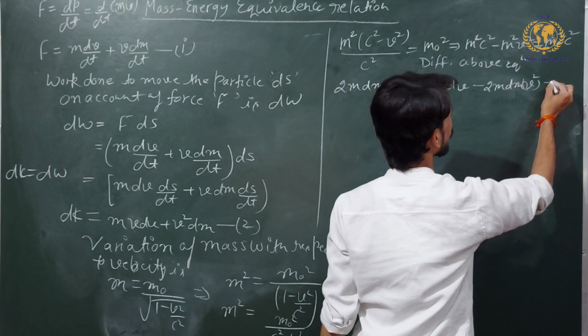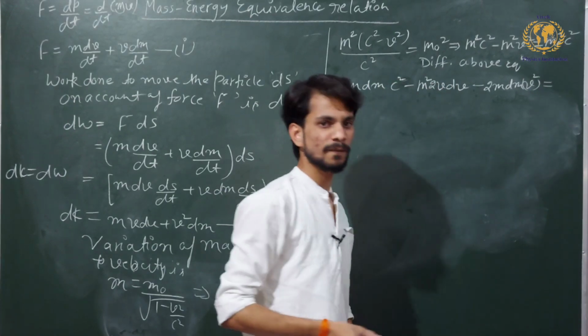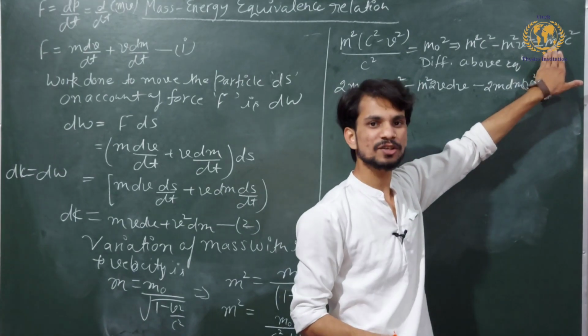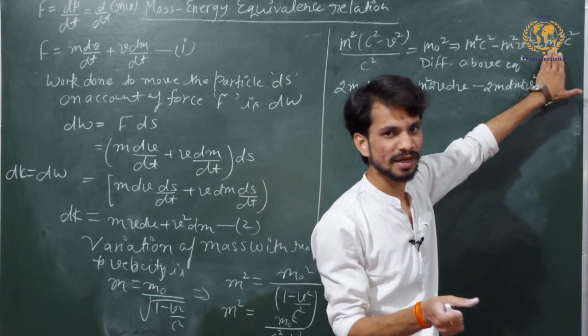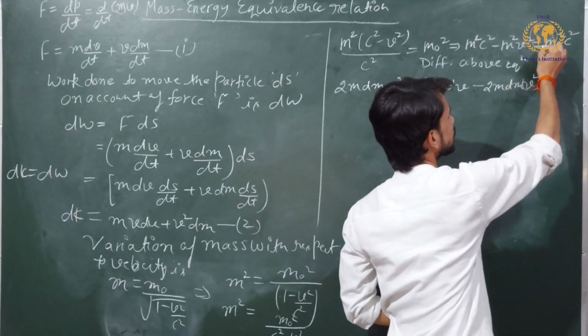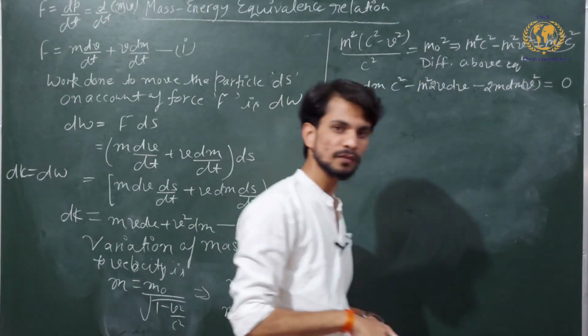And it is going to equal m naught square c square. As m naught is the rest mass of the particle, which is a constant value, and c is also constant, the differentiation of this complete factor will be 0.